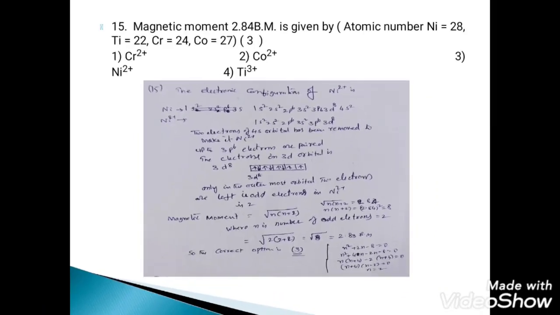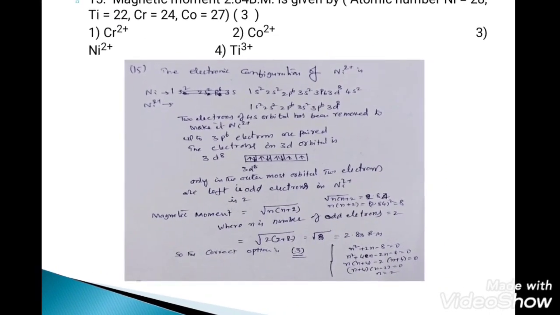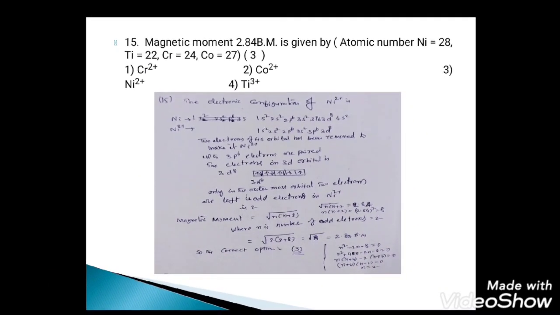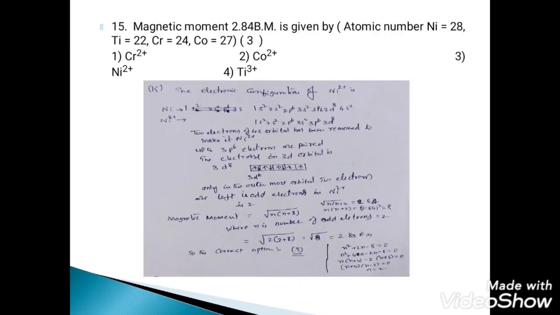Here we have to calculate the number of electrons, we have to see the configuration.